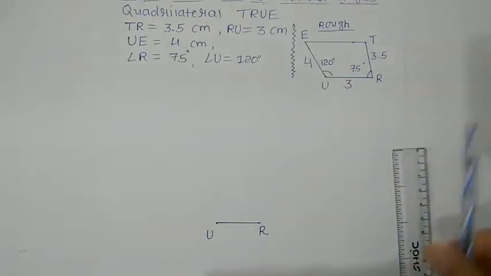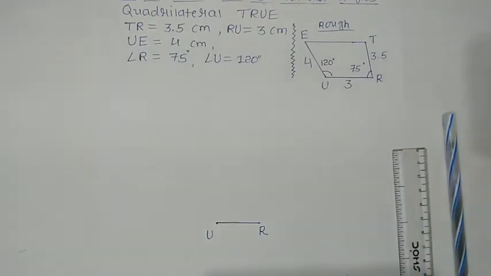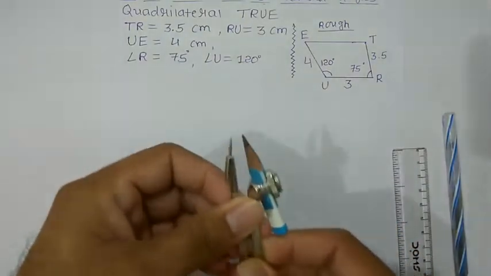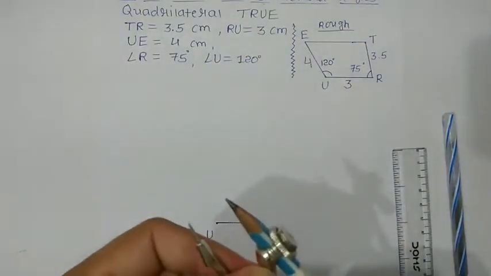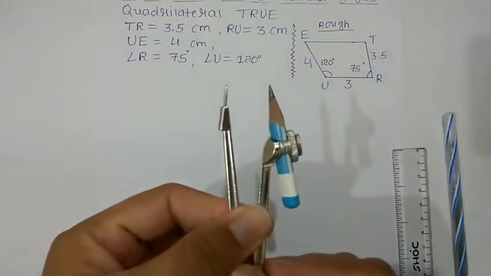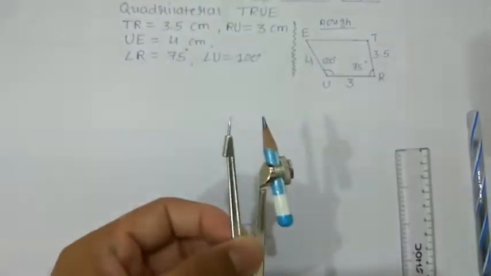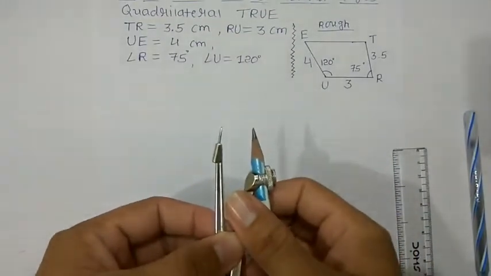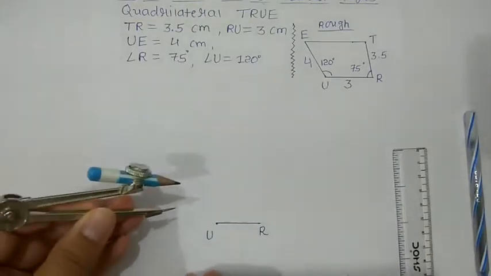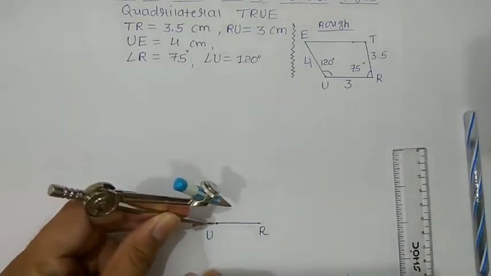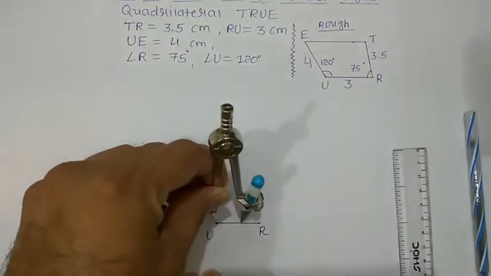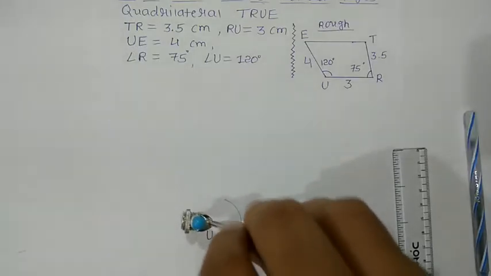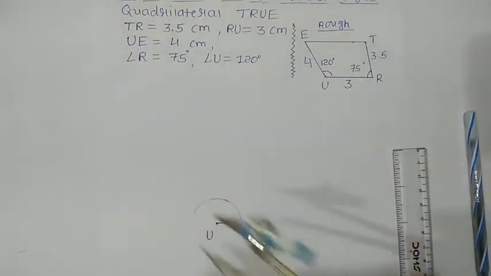So to construct a 120 degree angle, you can use this compass. And how to do this? See, to draw the 120 degree angle, let us take some radius. By taking some radius, now we have to draw a semicircle arc from this point U. Okay, so let us draw this arc in this way, right?